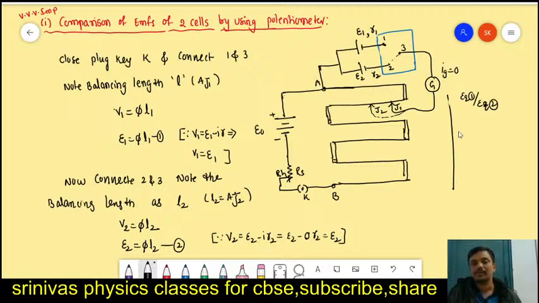If we do, what will we get? E1 by E2 is equal to phi L1 by phi L2. Phi cancels, and we get E1 by E2 is equal to L1 by L2.